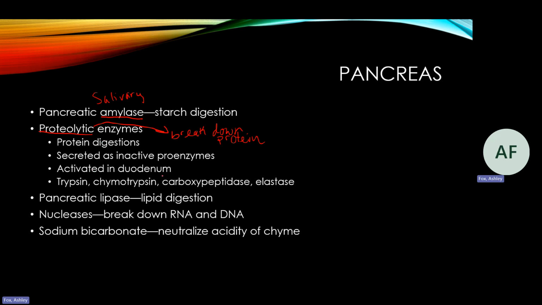Then they're activated in the duodenum once they reach the small intestine, that first part, and they are meant to digest. Examples of those are trypsin, chymotrypsin, carboxypeptidase, and elastase. So all of the ases over here, and then trypsin and chymotrypsin.